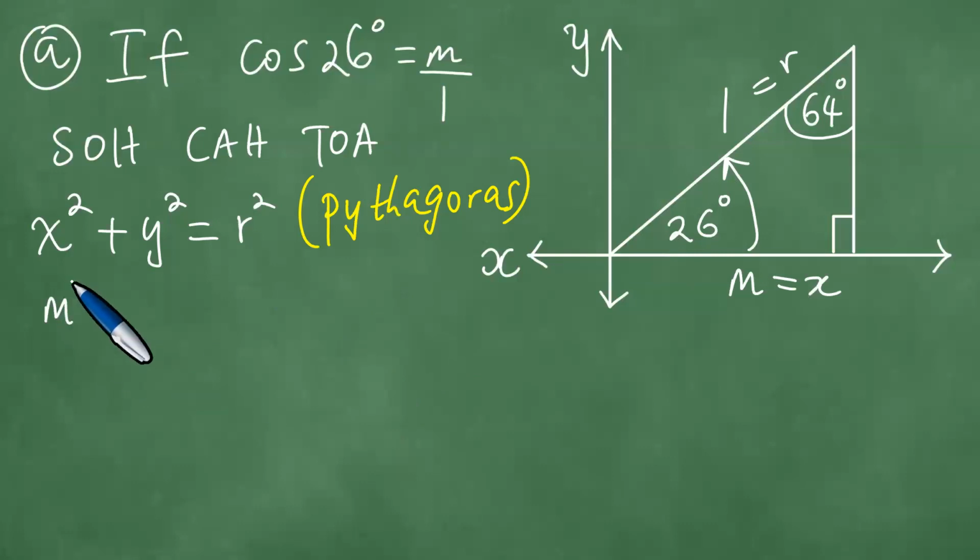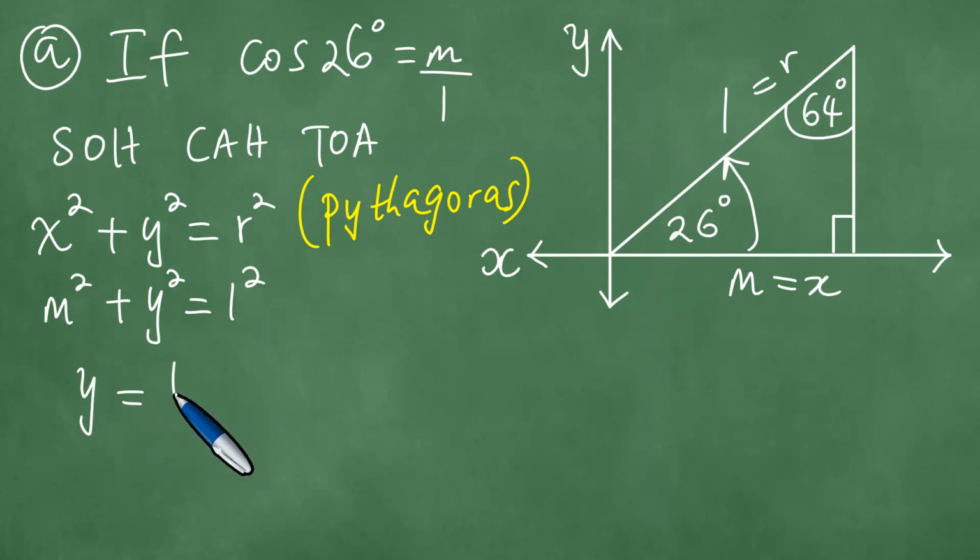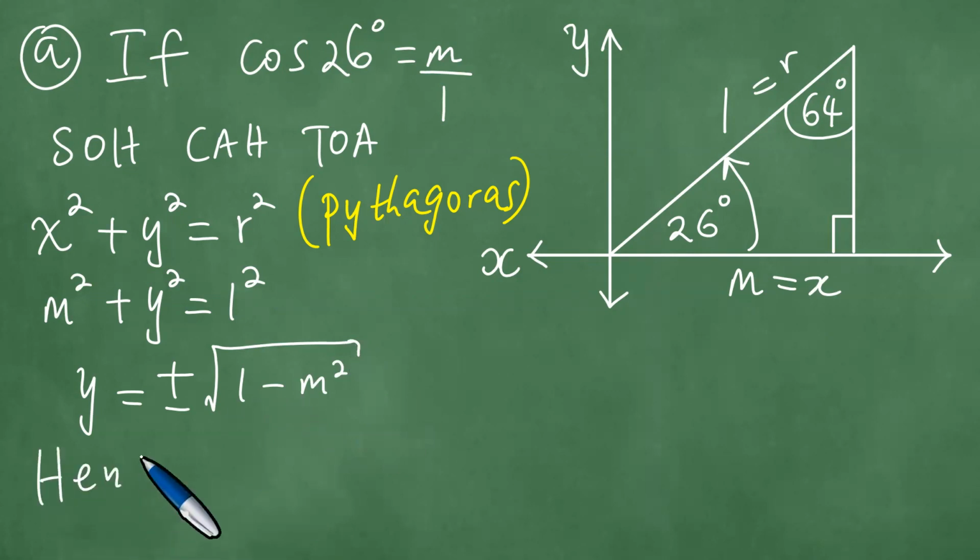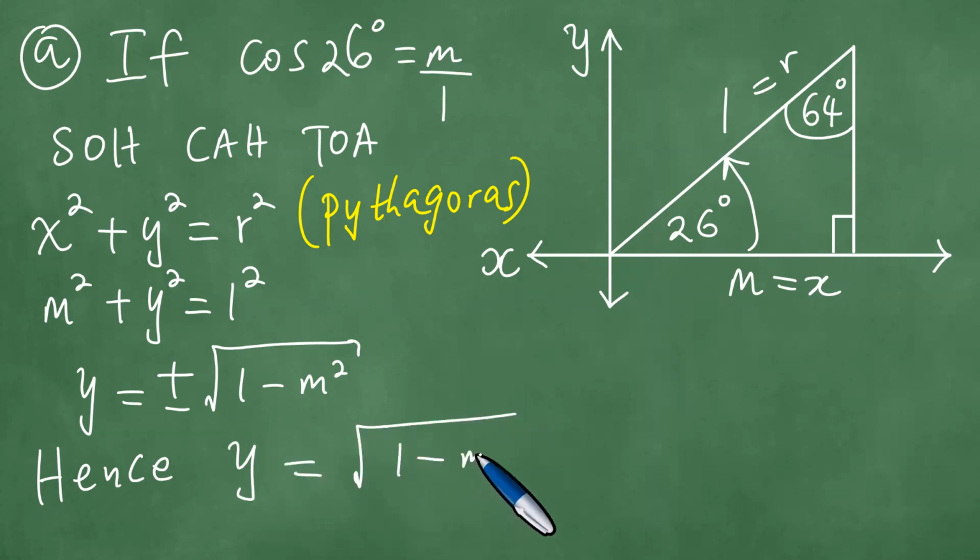So our x is m squared, y is what we're looking for, and r is 1, so y becomes plus or minus the square root of 1 minus m squared. Since 26 degrees is an angle in the first quadrant, y is only the square root of 1 minus m squared.